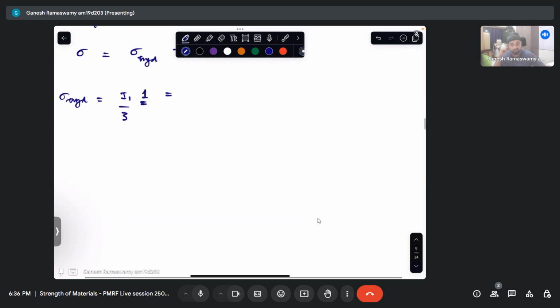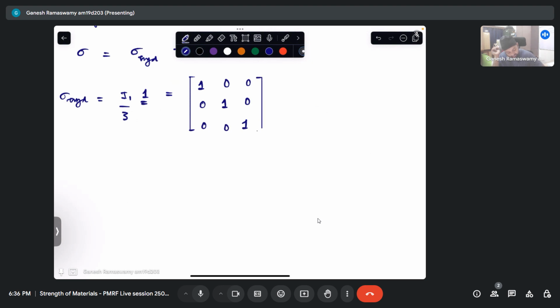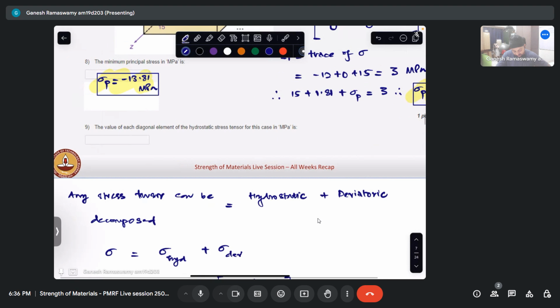So therefore, this is 1, 1, and 1. So this is my hydrostatic stress tensor. So the question is asking the value of each of the diagonal elements of the hydrostatic stress tensor, and it is 1 MPa.